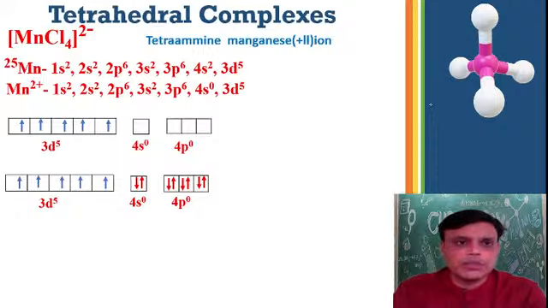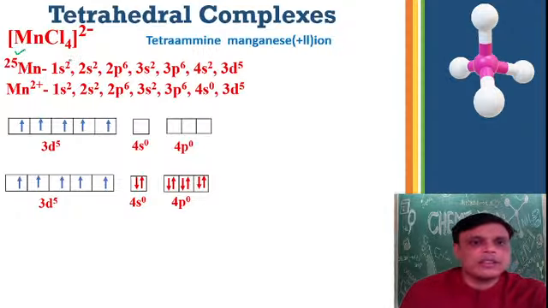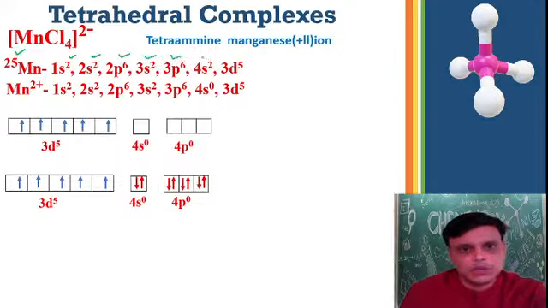Those who haven't solved this problem, for those you may say here MnCl4 2 minus. Atomic number of manganese is 25. This is the electronic configuration: 1s2, 2s2, 2p6, 3s2, 3p6, 4s2 here, and 3d5 will be here.